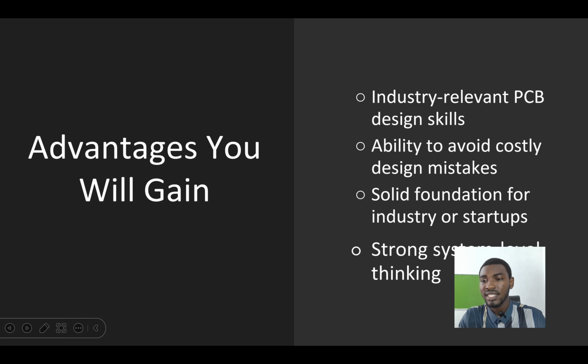Then, strong system-level thinking. You're not just thinking at the schematic or circuit level, or at the PCB design level, but you're actually gaining system-level thinking in this course. So you will learn how things work. You learn how to integrate the mechanical aspect into your PCB or hardware design.